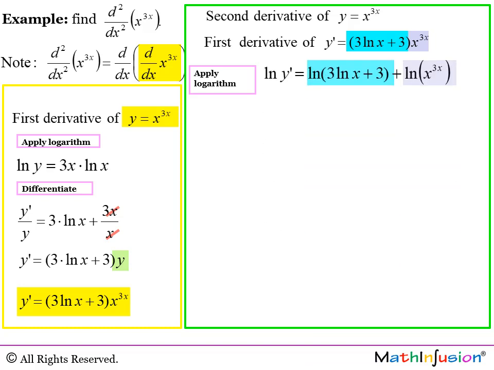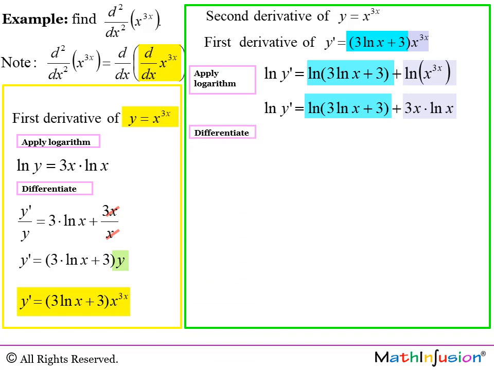We get that. I also simplified already that ln of a product is the sum of the ln's. Now I simplify more. ln of x to the power of 3x is 3x times ln of x. And now I'm differentiating.